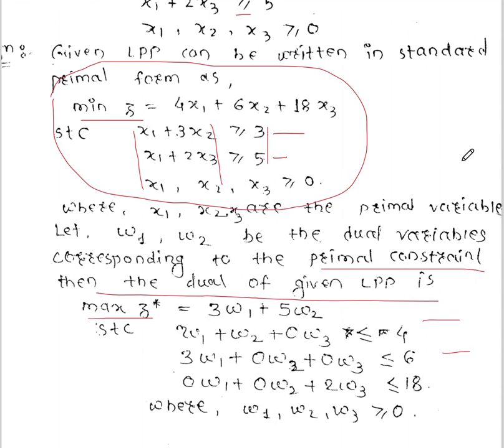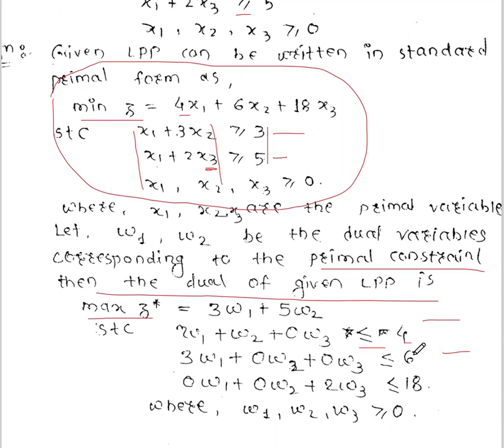First, W1 plus W2 plus W3, because here there is a third variable x3, plus 0W3. Maximum means less than equal to sign, and C1 means 4.